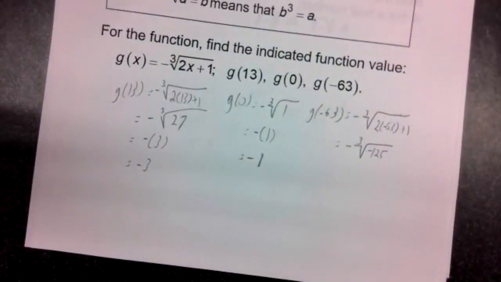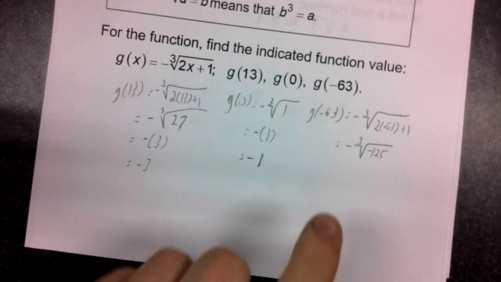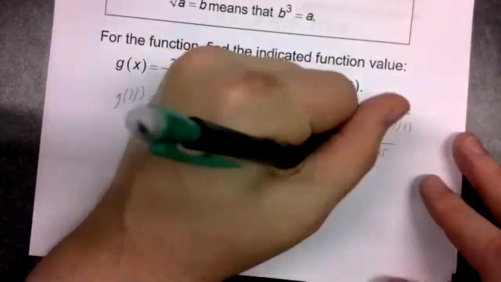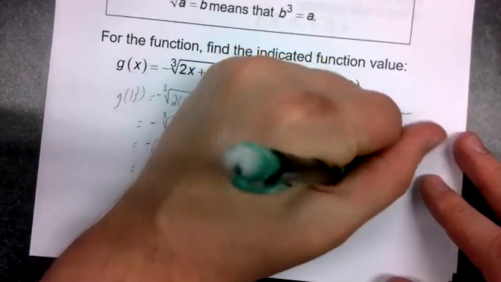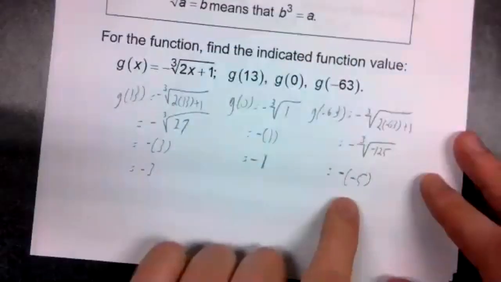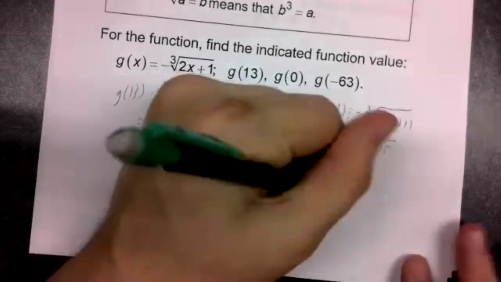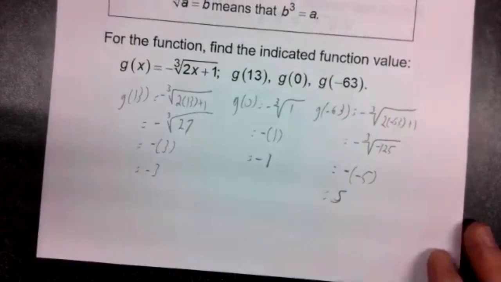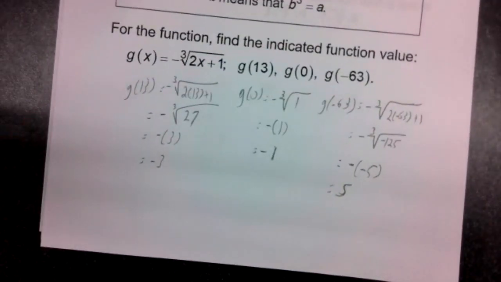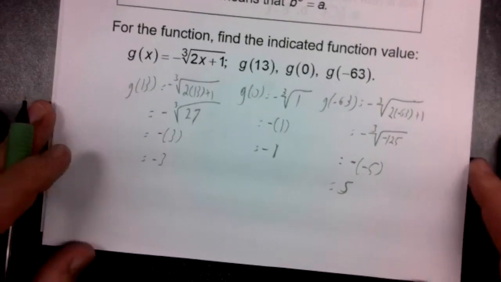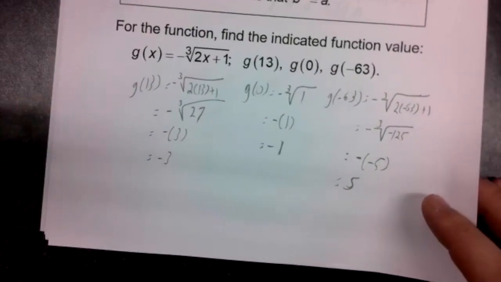And what multiplied by itself 3 times is equal to negative 125? Well, I know 5 multiplied by itself 3 times is a positive 125. So this just has to be negative 5, right? Negative 5 cubed is equal to negative 125. The negative of a negative 5 is a positive 5. So that's my answer on that one. All right, so that's the cube roots when I'm just plugging in numbers.